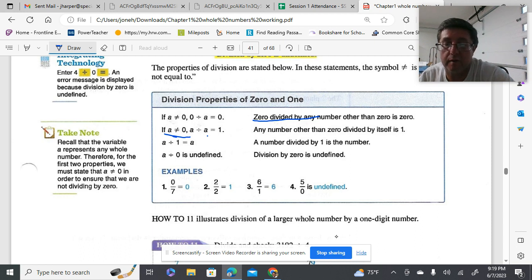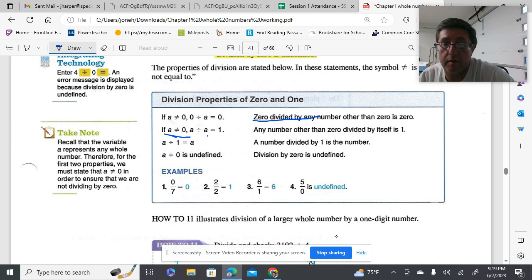But if you take 1 divided by 1, it will equal 1. If you take 1 million divided by 1 million, it equals 1, because you're always going to have 1. Okay, so a divided by 1 equals a.